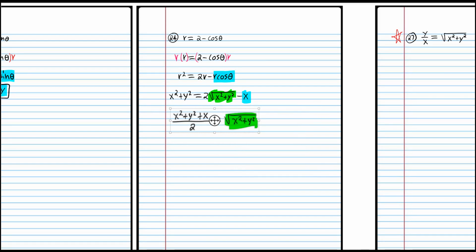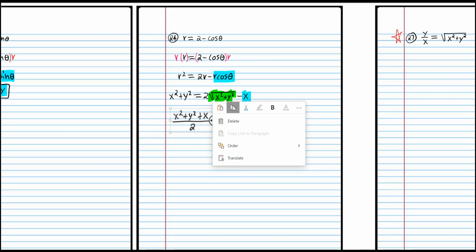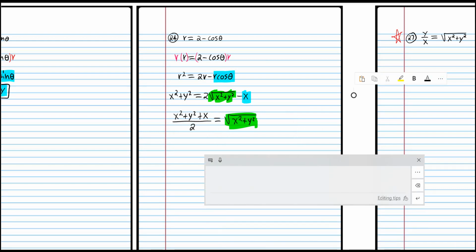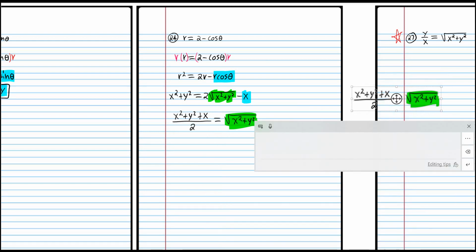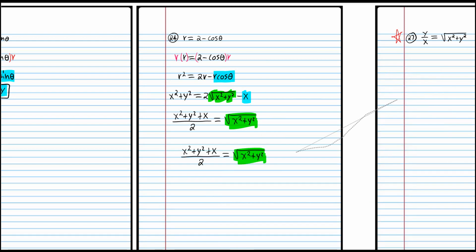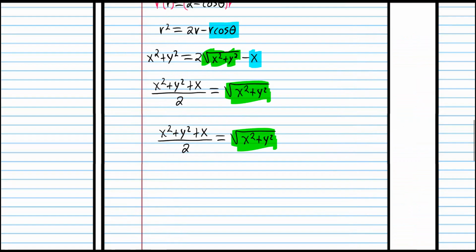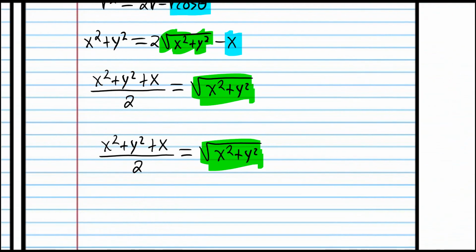So again, I don't mean to confuse you with all these technicalities, but I'm just letting you know that there are some potential problems that occur when you convert back and forth.